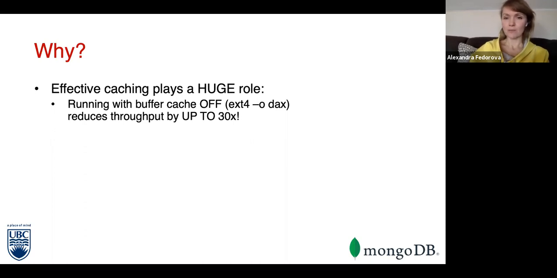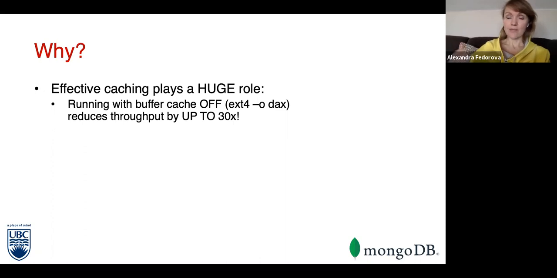So we have not one but two caches here, and WiredTiger makes very good use of those caches. If we ran without the buffer cache, so if we use ext4 with the DAX option, so direct access, the throughput reduces by up to 30 times.